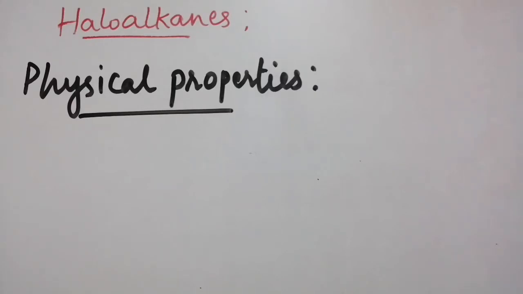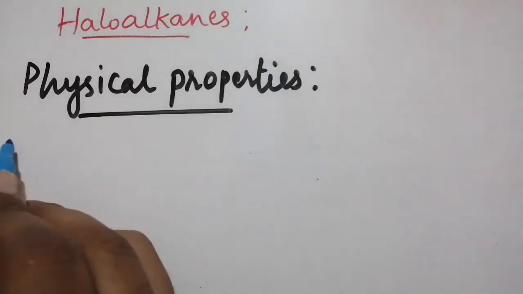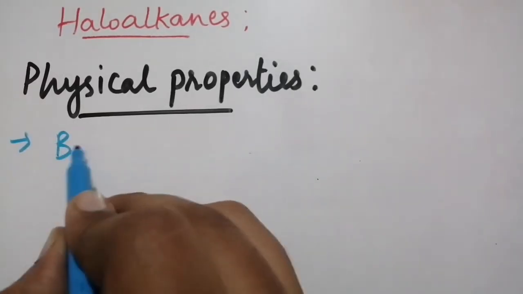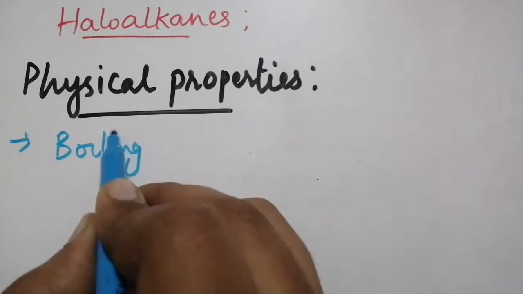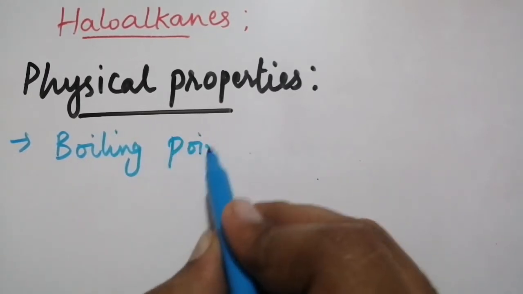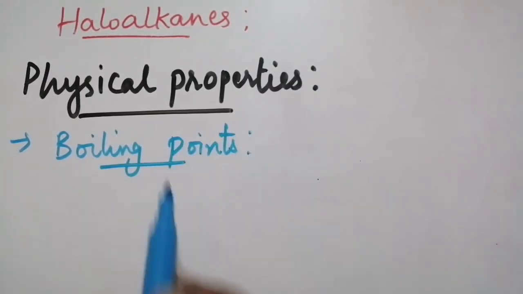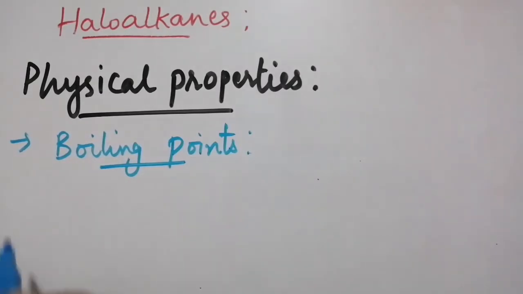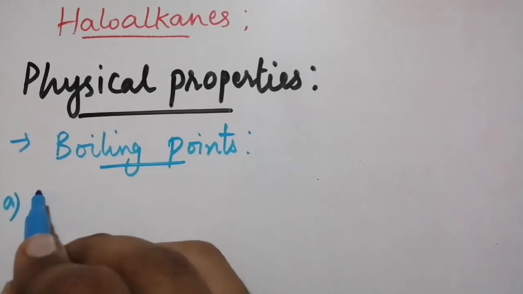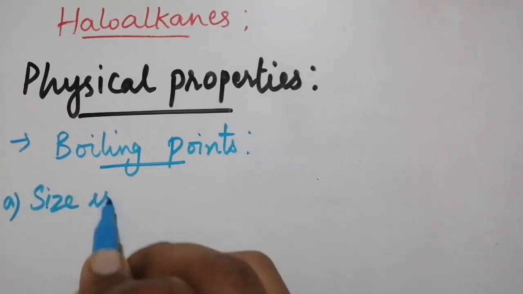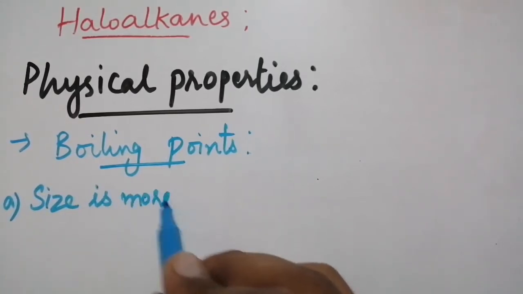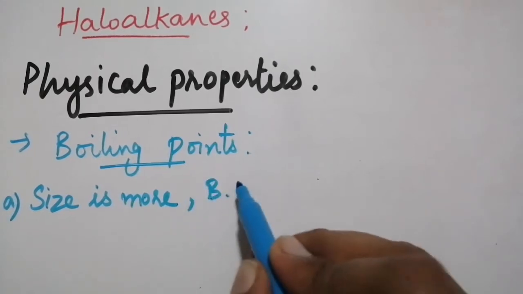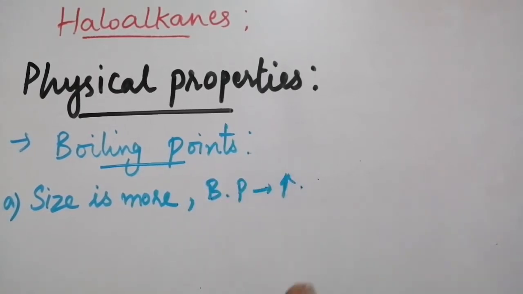In that, first we will go with the boiling points of haloalkanes. First, if the size is more, then the boiling point is also more.